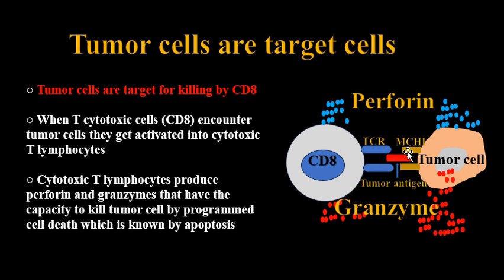Upon their activation, they produce perforin, which leads to formation of perforations on the surface of tumor cells, and this will allow granzymes from CD8 to enter the cell, and they cut the nucleus into small pieces. So the tumor cell in this mechanism of killing will die by apoptosis.